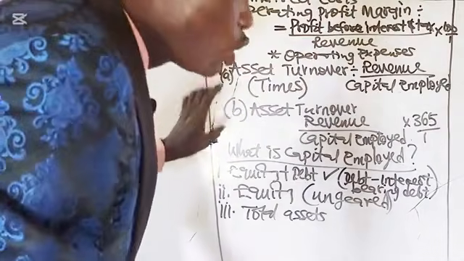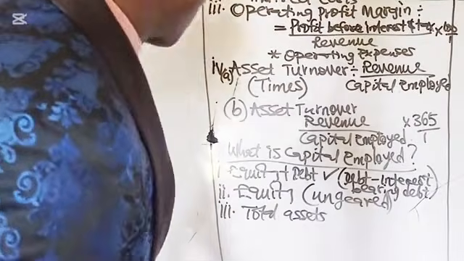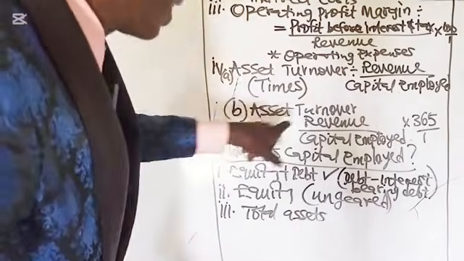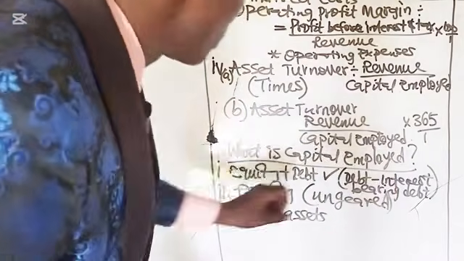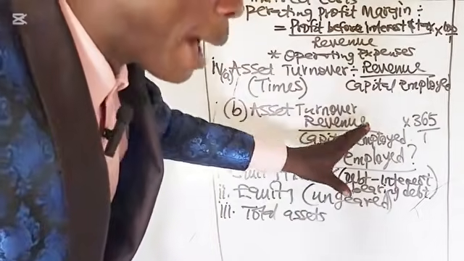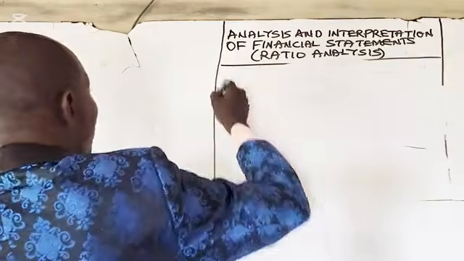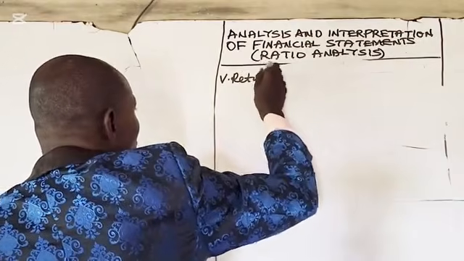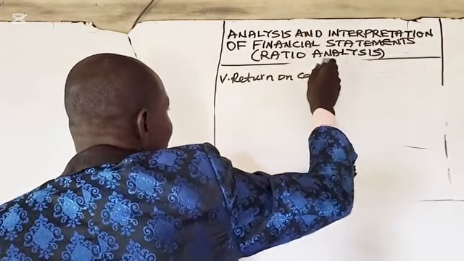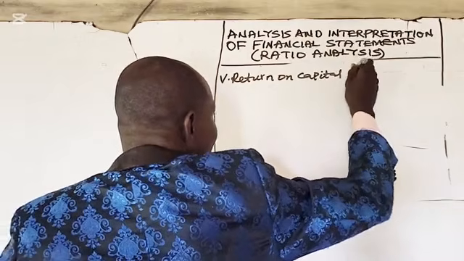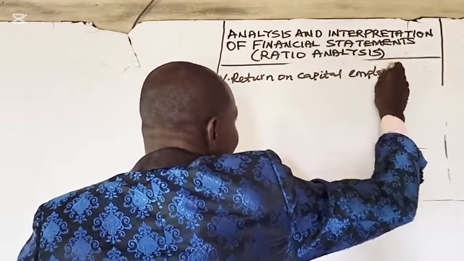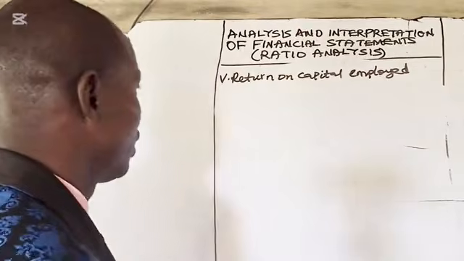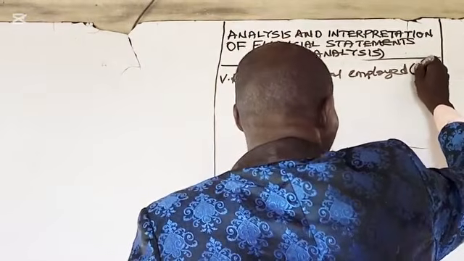The number 5 ratio I want to consider is return on capital employed. I've explained what capital employed is, and now I want to talk about return on capital employed, number 5. Remember, I've given you the various definitions of capital employed.